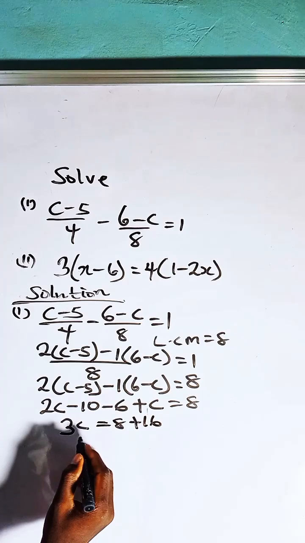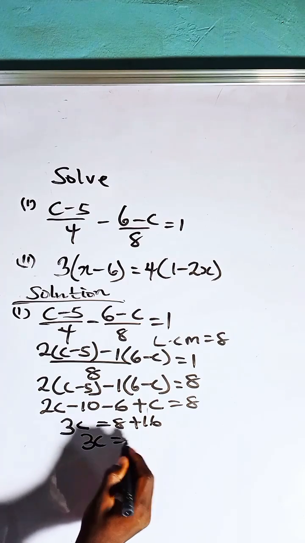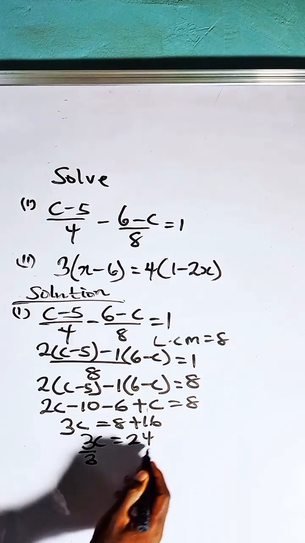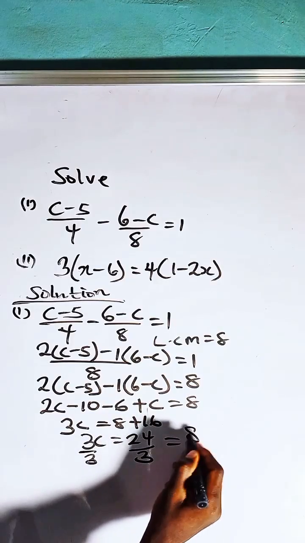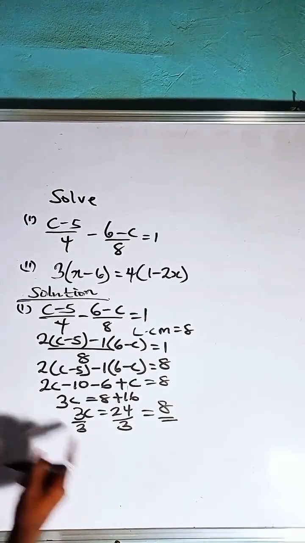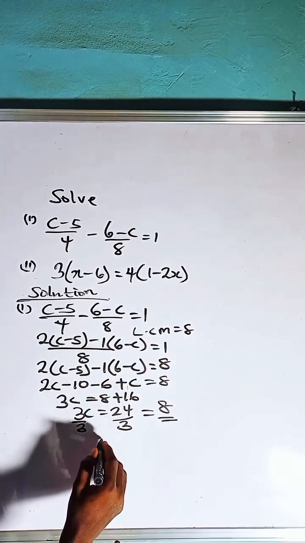Here we have 3c equals 24. To get the value of c, we divide both sides by the coefficient of c, which is 3, so the value of c equals 8. That is how we solve this equation.